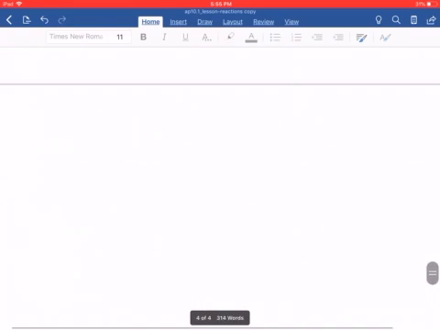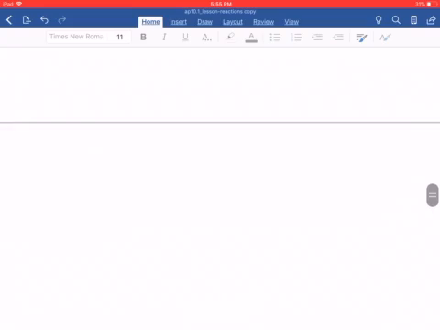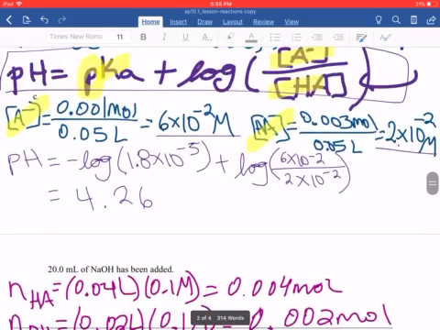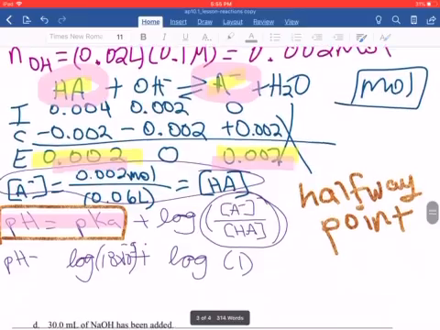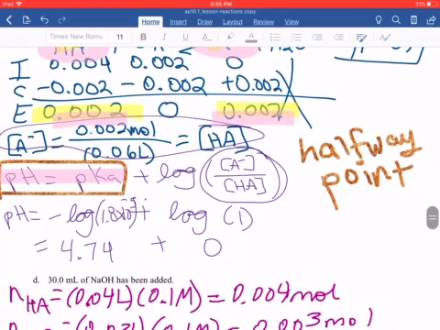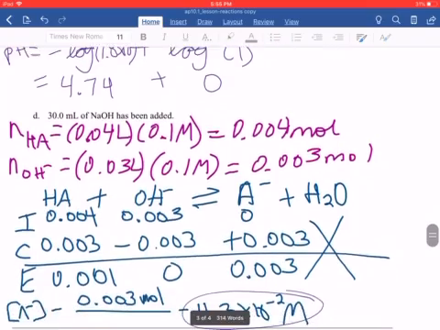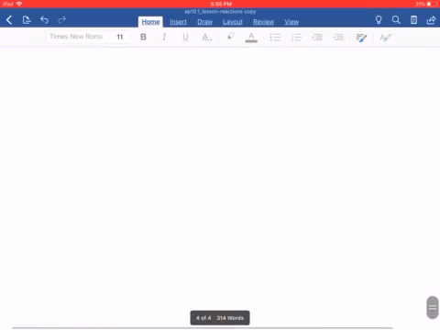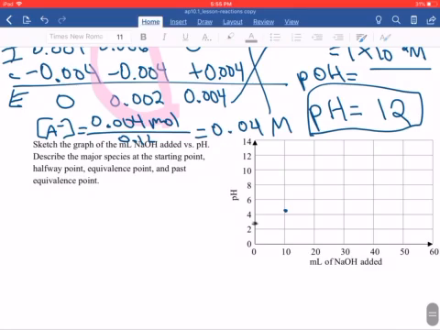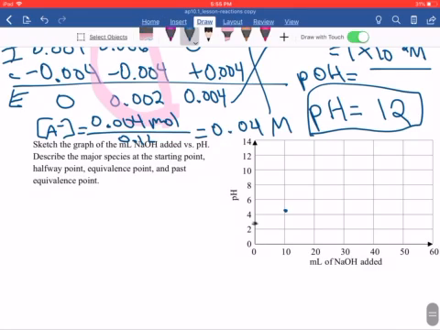All right, the next one, C, was 20 milliliters, and our pH for that is 4.74. So at 20 milliliters, we're at 4.74, so maybe up here-ish.